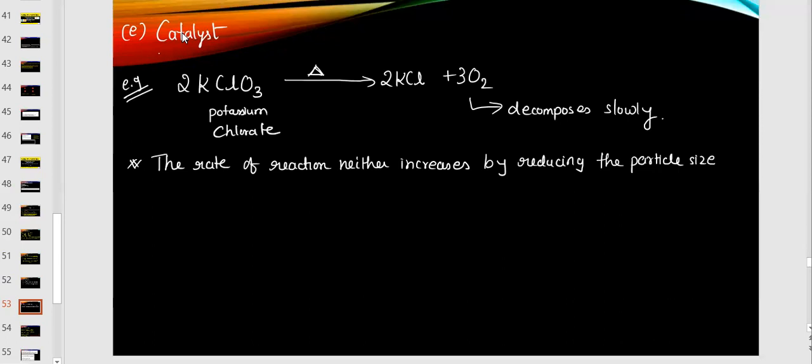Neither the particle size nor the temperature is affecting it in this case.